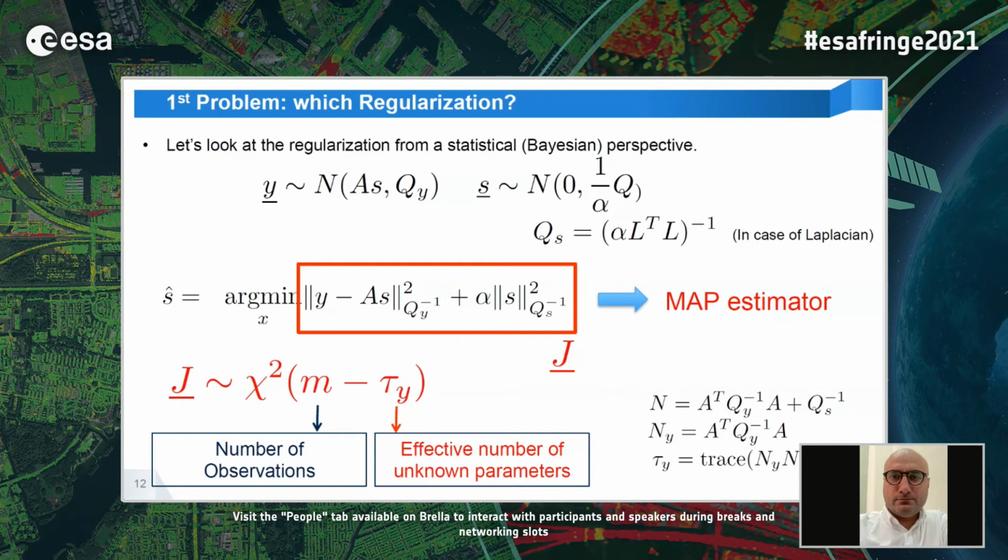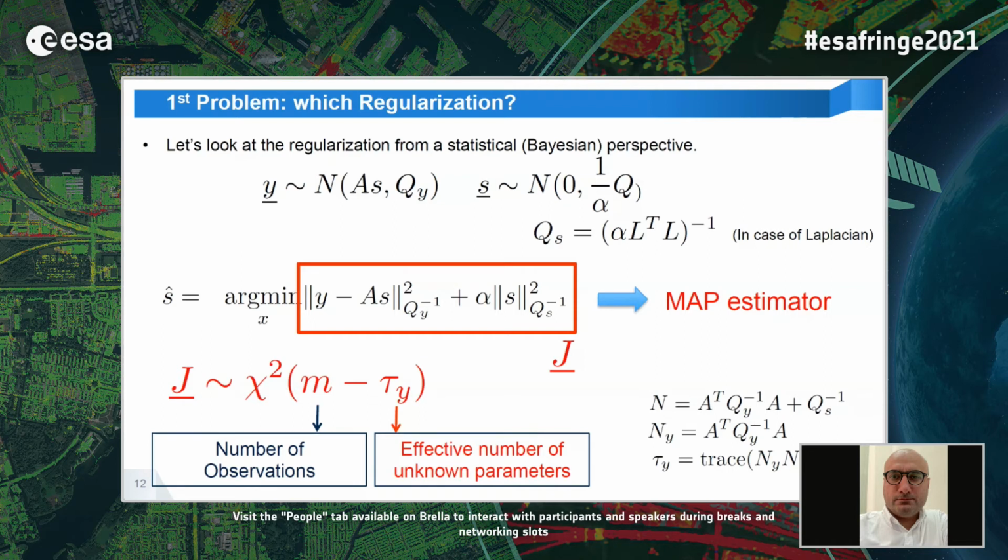In the case of Laplacian, we can also formulate it as the variance-covariance with the equations that we have. Then regularization is equivalent to a maximum a posteriori estimator. So it is a statistical interpretation of regularization.